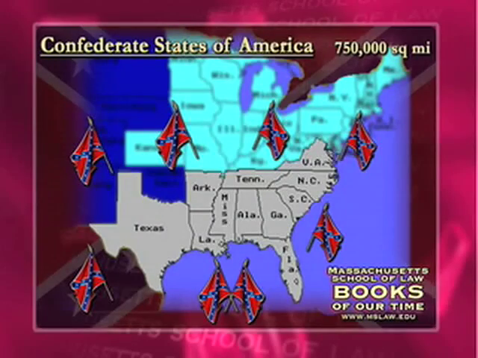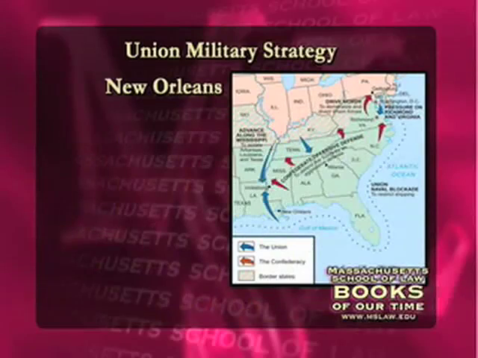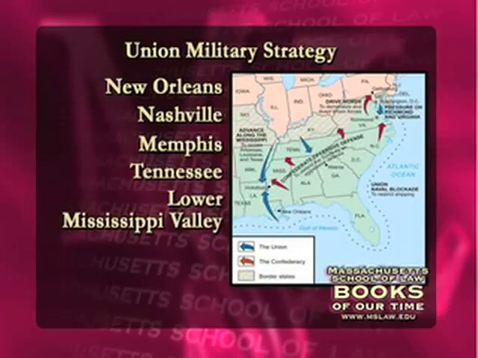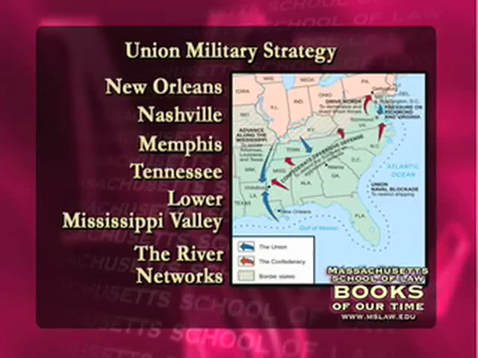And that actually happened in the early months of 1862. Capture of New Orleans, the capture of Nashville, the capture of Memphis, the capture of most of Tennessee, much of the lower Mississippi Valley, the gaining control of the river networks in the Western Confederacy, gaining control of the coastal areas of the South Atlantic coast of the Confederacy. But the war goes on.